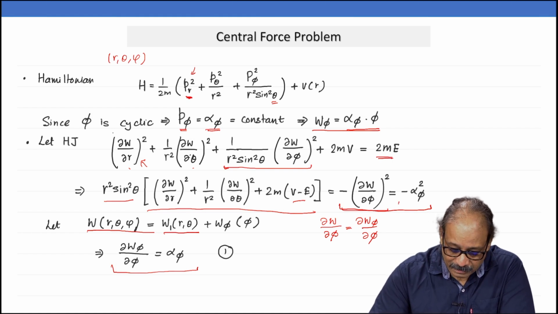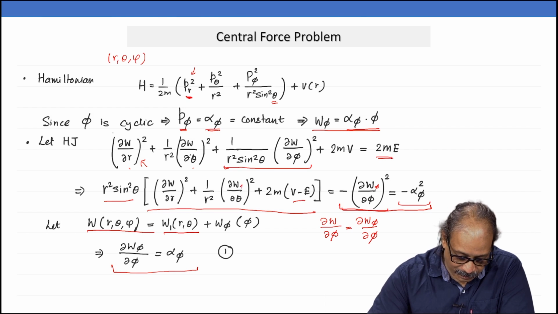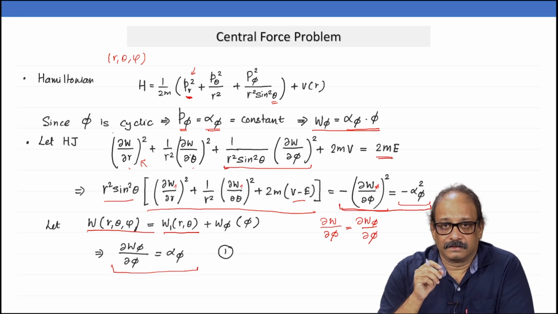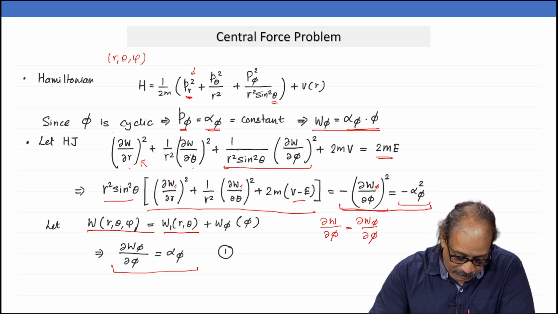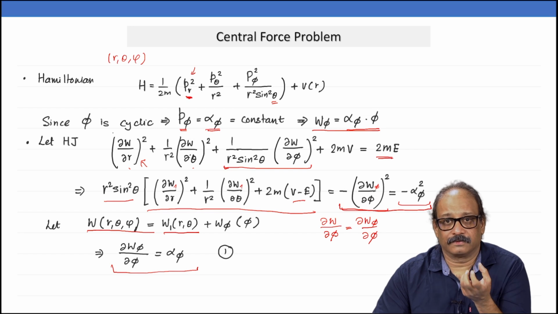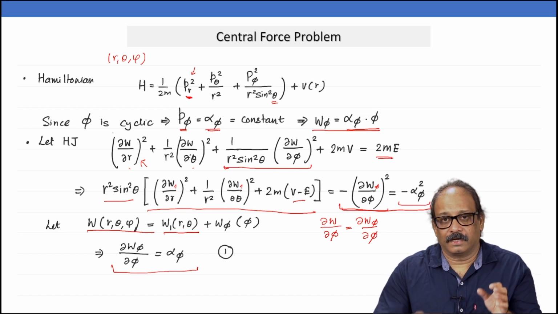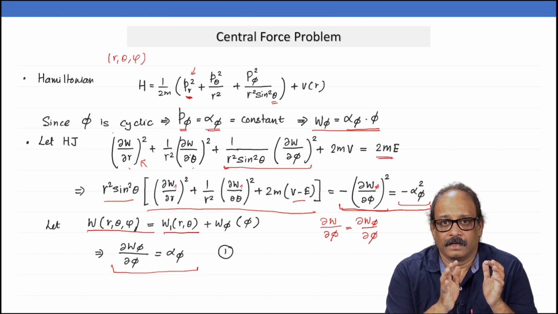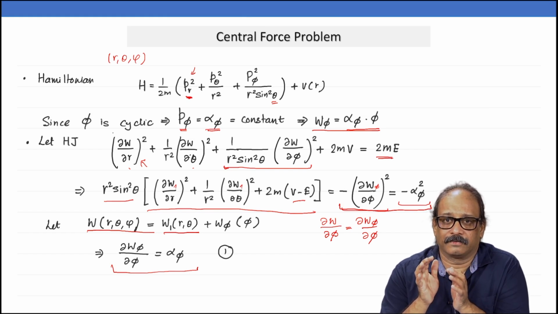And why would I set this equal to a constant alpha phi? Because remember, this side now will become W phi, and on this side you will have W1. Remember, W phi does not depend on r and theta. So, on this side you have W1 which is a function of r and theta. See, now your left hand side contains only terms in r and theta, and the right hand side of this differential equation contains only terms in phi.